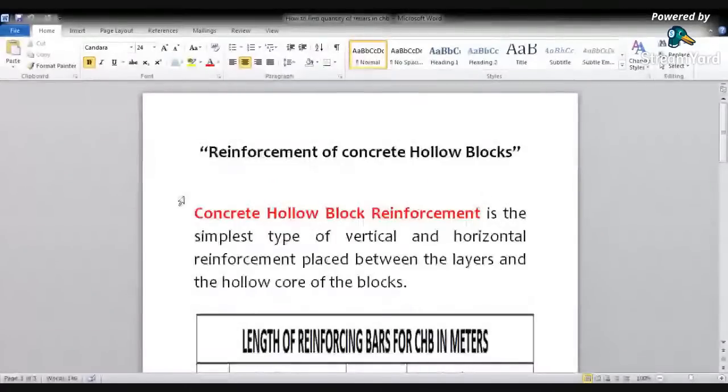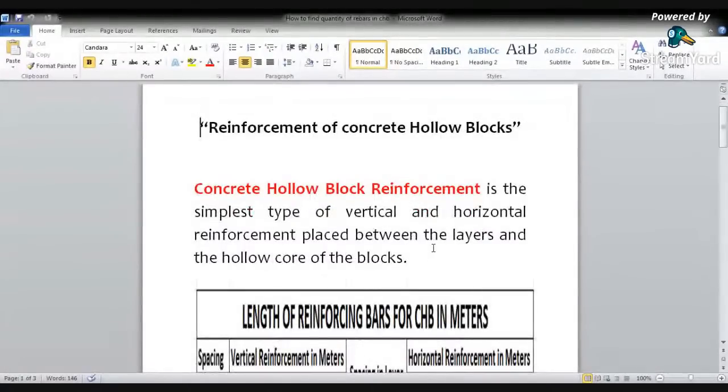So this is reinforcement of concrete hollow blocks. Concrete hollow block reinforcement is the simplest type of vertical and horizontal reinforcement placed between the layers and the hollow core of the hollow blocks. As per the description here, this is the simplest.